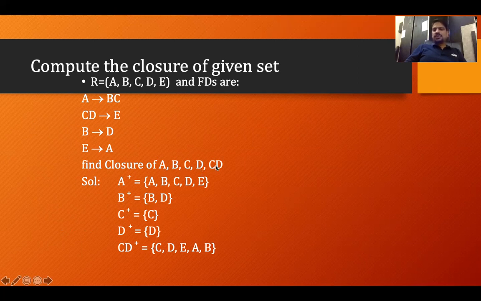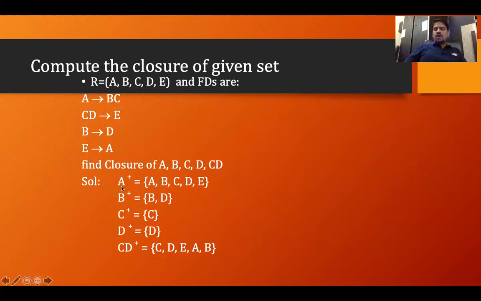Let's find out the closure. Now the first is closure of A. How we can denote a closure of A? We can denote closure of A with A plus. Closure means with that particular attribute or the attribute set, how many attributes we can reach with the functional dependency given.